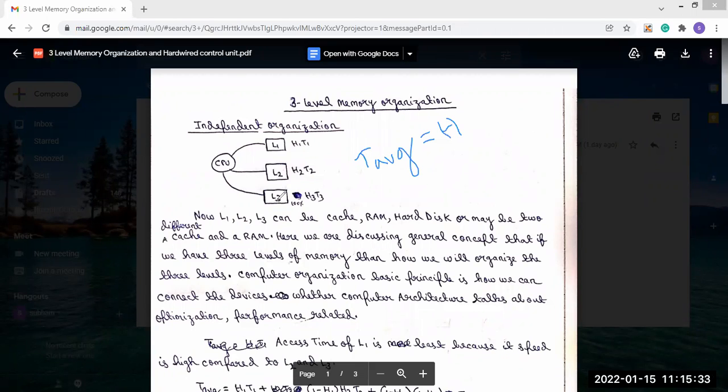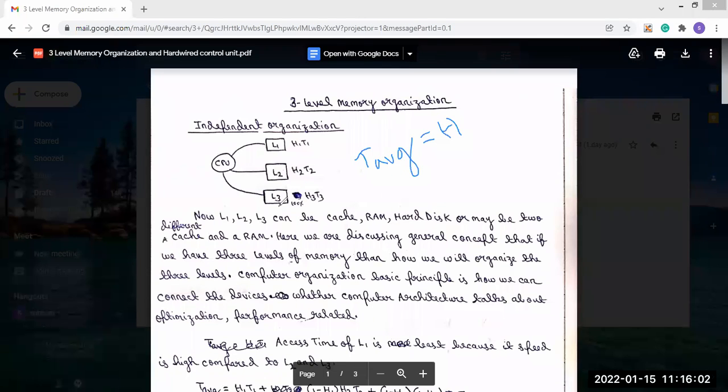So it is not that we want the data to be present in L3. We want our data to be present in L1, because if the data is present in L1, accessing it requires less access time.